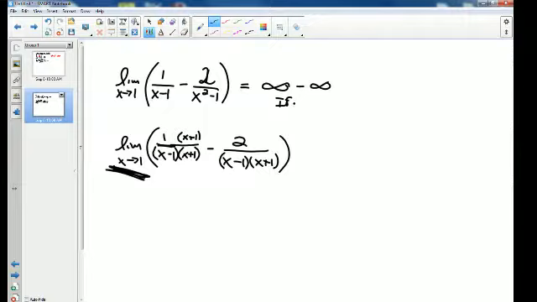Okay, so here we're okay getting common denominators. Do not drop your limit as x approaches 1. What does the top become? x plus 1 minus 2 is x minus 1, and the bottom is x minus 1, x plus 1, right?